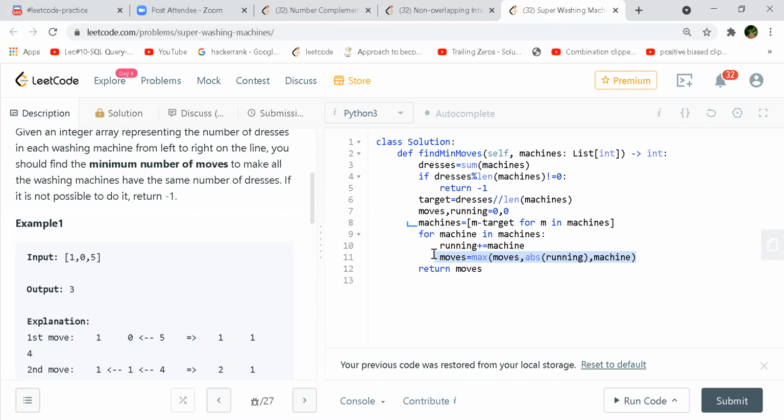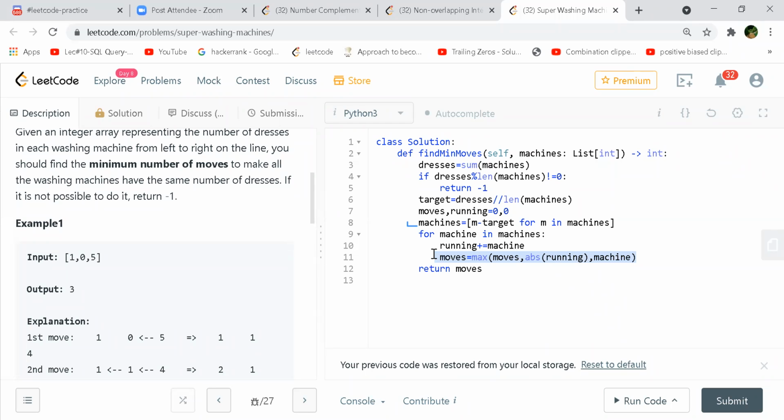Because we are moving from left to right, that is fine, since we are assuming that the movements are happening in one direction. So if you do a cumulative sum that way, that will give you the movements from one direction.